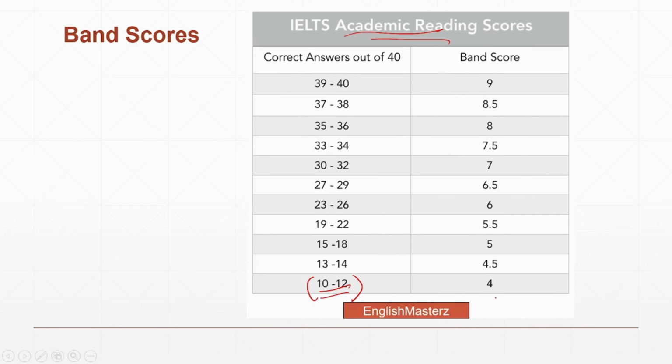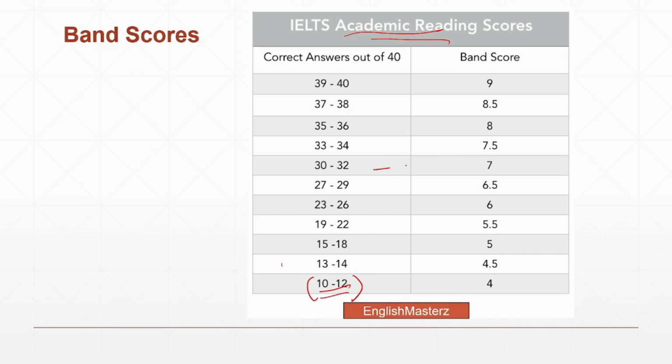So for general category people, because they are from a working background or they are working professionals, there is a little higher requirement for getting 4 bands or a good band score, whereas in academic it is not the case.